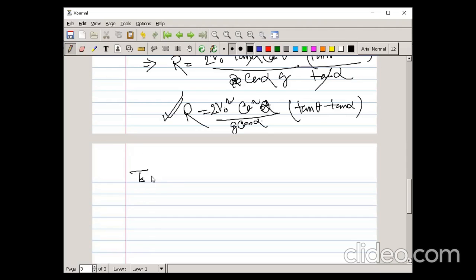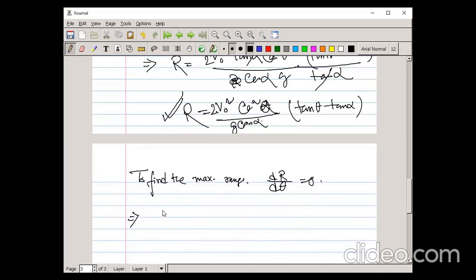So to find the maximum range, remember we have to take the derivative with respect to that angle. Here it is theta, so dR by d theta is equal to 0. If we have to solve, just take the derivative of this thing. We will get 2 V0 square cos square theta.